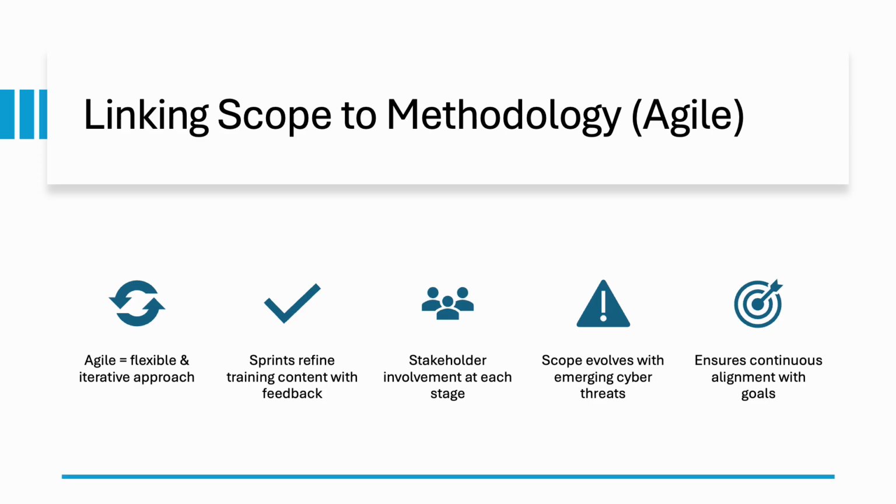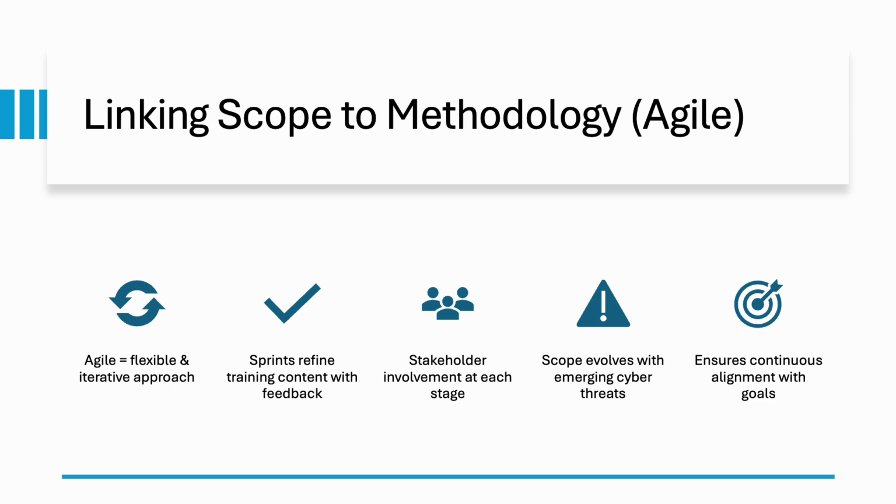Agile also supports the project's goal of fostering a security-first culture by encouraging continuous feedback and improvement. Instead of waiting until the end of the project to evaluate whether the scope has been achieved, Agile measures progress at every sprint. This creates opportunity for quick adjustment, increasing transparency for stakeholders, and building trust in the project team.